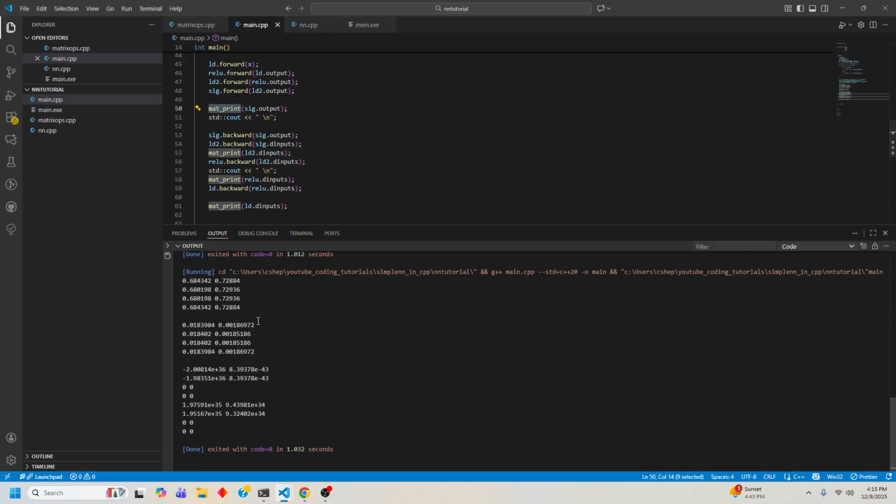All right, so we have the output derivative of the second layer. This would be the derivative of the ReLU function.